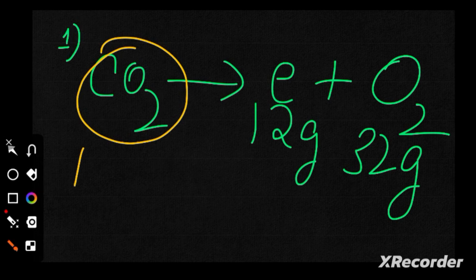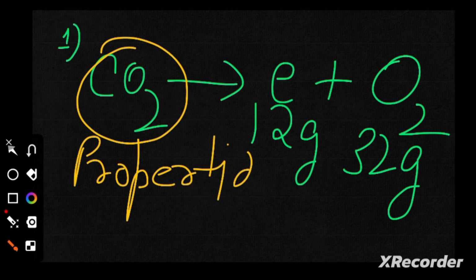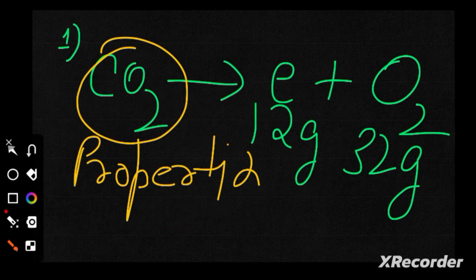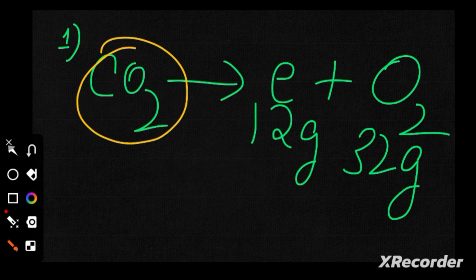So what I mean is that the proportion is the same. So if the proportion is the same, this law is known as the law of definite proportion.